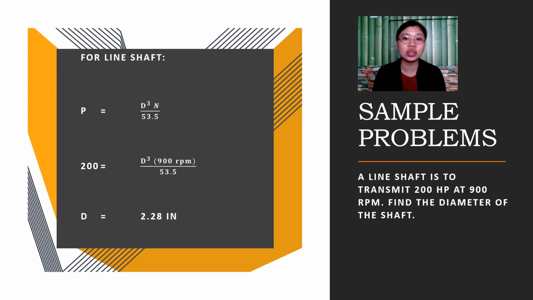So what we need to do is substitute it to our formula and then get the cube root of the resulting answer, and we arrive at D, or the diameter, of 2.28 inches, because our empirical formula states that if you use power in HP and speed in RPM, the resulting diameter is in inches. So I hope that is clear.